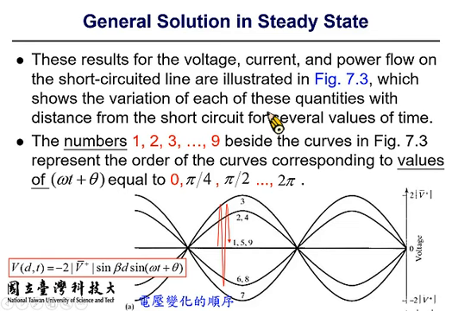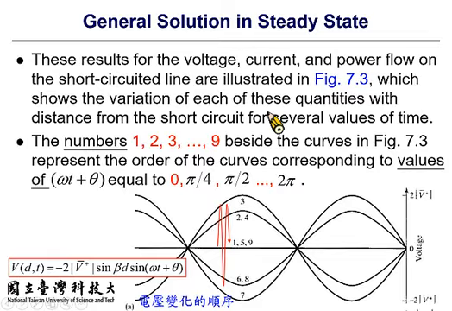If n equals 0, it refers to the very right end of the transmission line, that is your short termination location. The next one will be a distance of half a wavelength away from the short termination. The next one will be n equals 2, which is 1 wavelength away from the short termination. And the third one will be 1.5 times lambda, so that will be 1.5 wavelengths away from the termination.